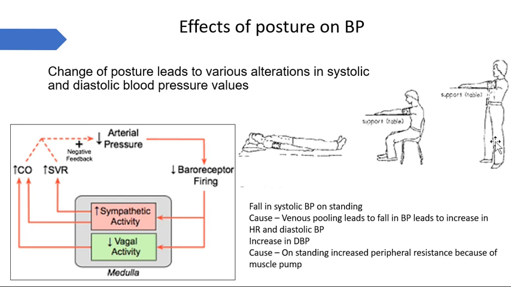The anti-gravity muscles contract, so venous return increases, and since diastolic BP depends on venous return, diastolic BP increases. You should know these two changes, and if you get this practical, you should know the baroreceptor reflex.